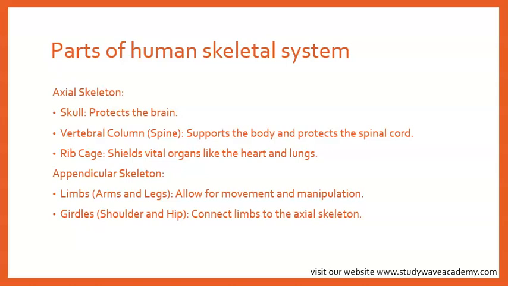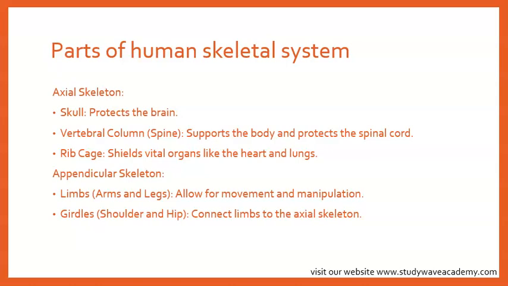The axial skeleton is like the body's central support system, and it includes the skull, which protects the brain, with bones like the cranium and jaw. Then the vertebral column supports your body and protects the spinal cord.